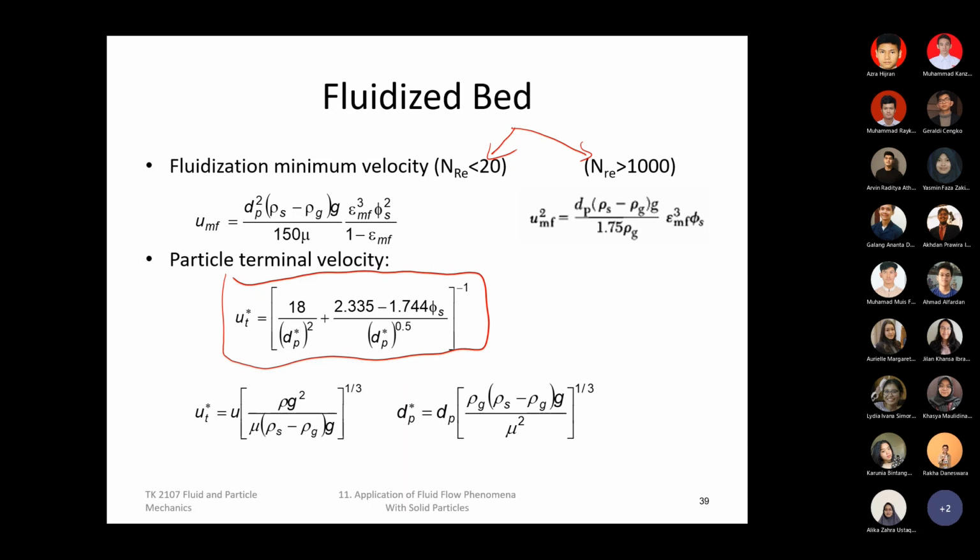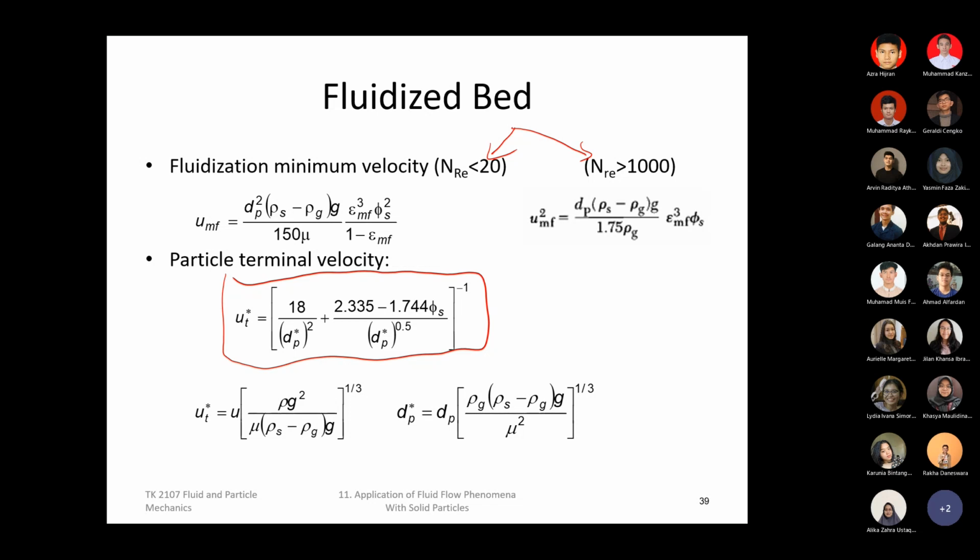So another approach is you assume: are you assuming that you're working with a laminar condition, so that the Reynolds particle will be less than 0.2, and the drag coefficient can be calculated as a function of Reynolds particle? Or do you want to assume that you're working with a turbulent regime, which means you're assuming the drag coefficient to be 0.44 if it's a sphere, and so on. So using those concepts, it can be used to calculate what is the UMF.